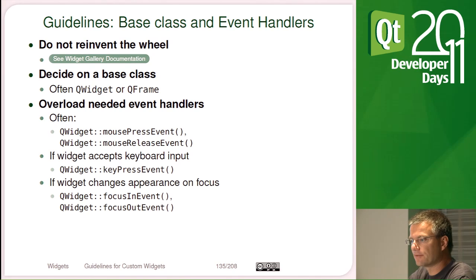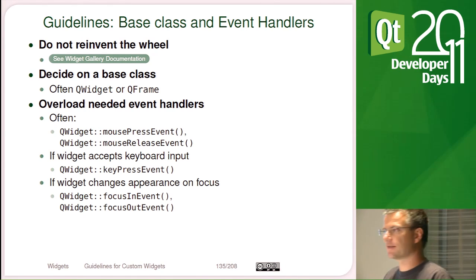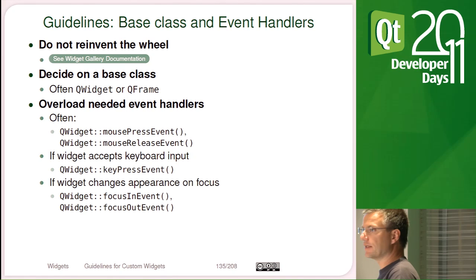And of course, you have to override the key press event for keyboard input. And then you have to think about focus. What happens when a focus in event happens? You might want to change the appearance of your widget when the widget gets the focus. So that's all something you have to think about.